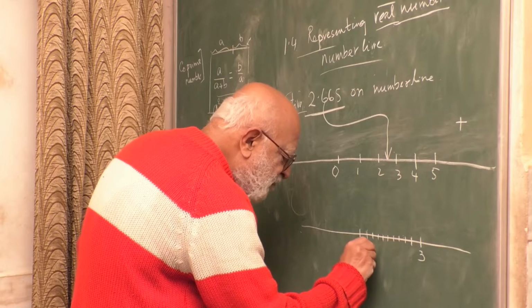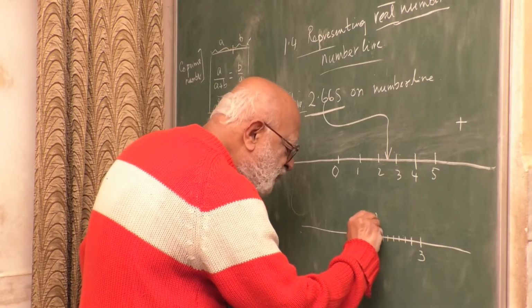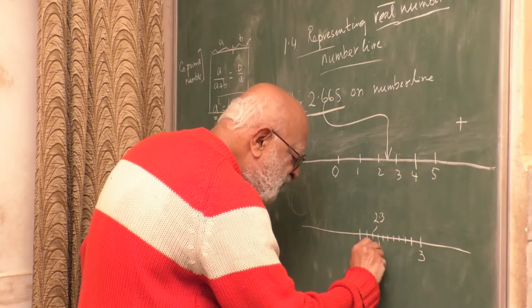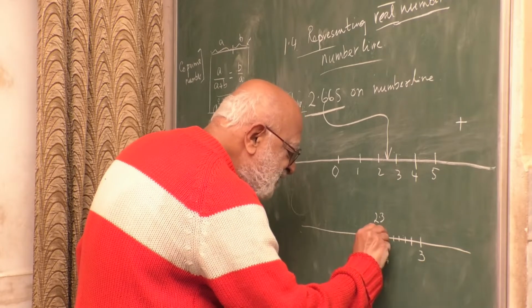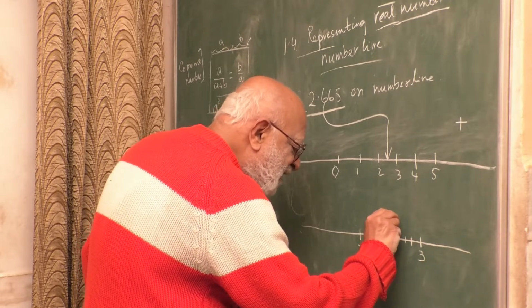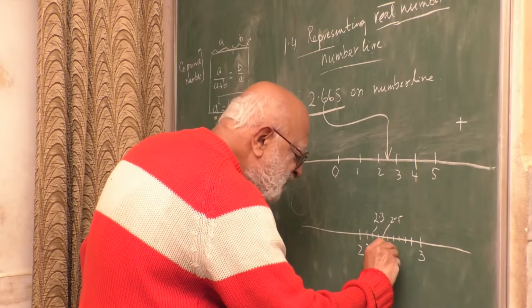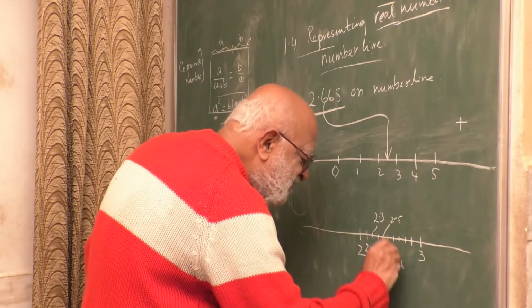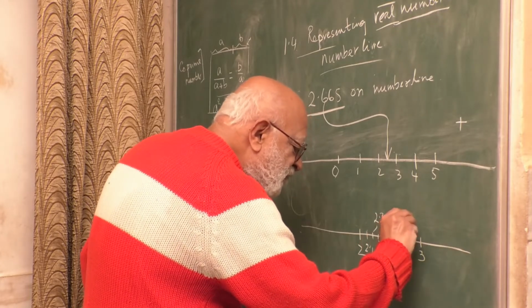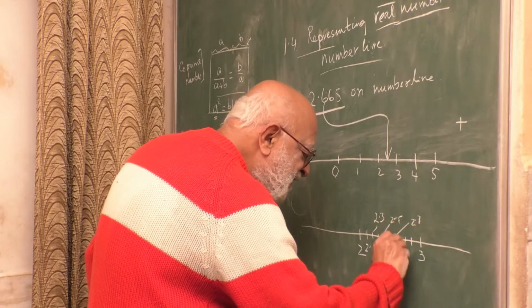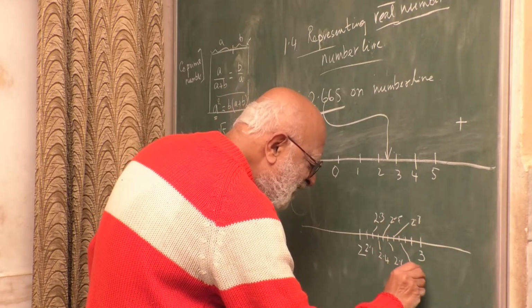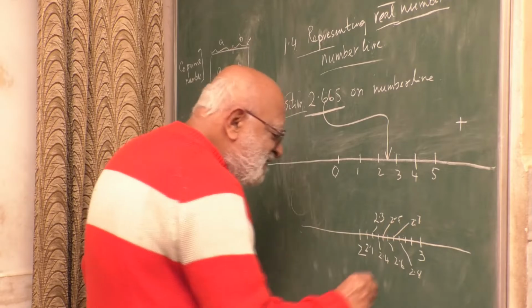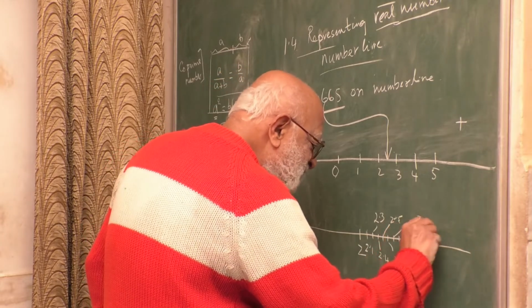So this will be 2.1, this will be 2.3, this will be 2.4, this one will be 2.5, this one will be 2.6, then this one will be 2.7, then 2.8.